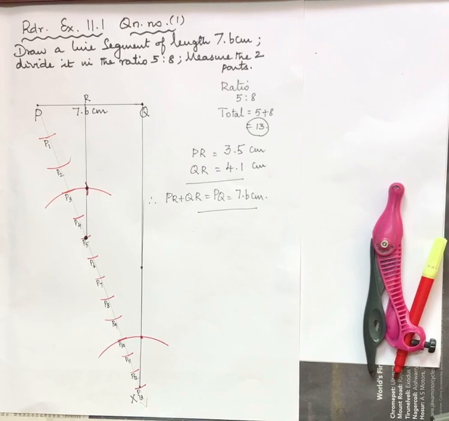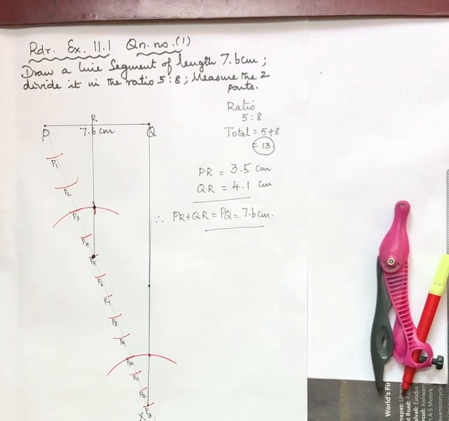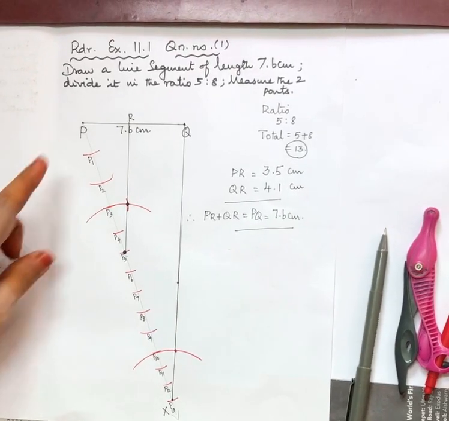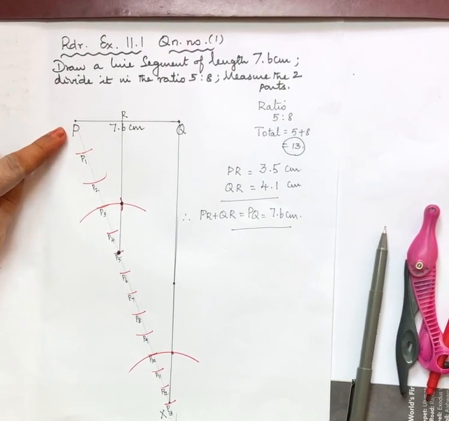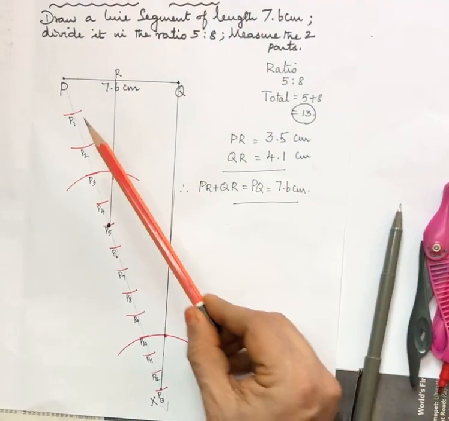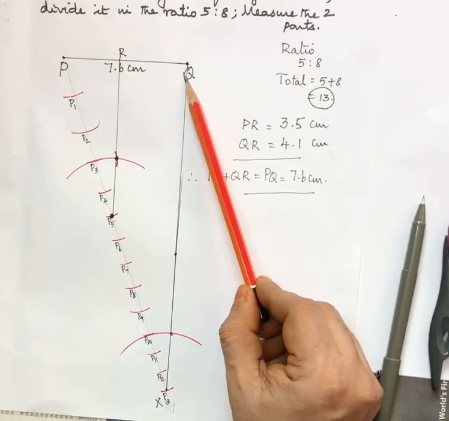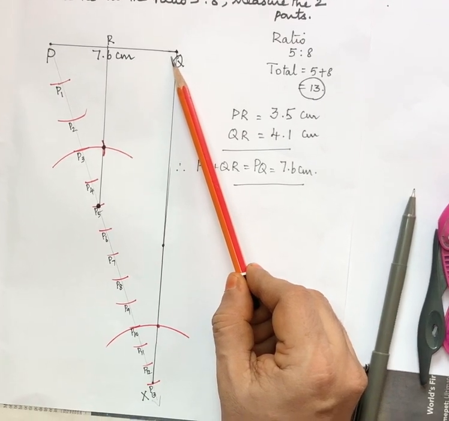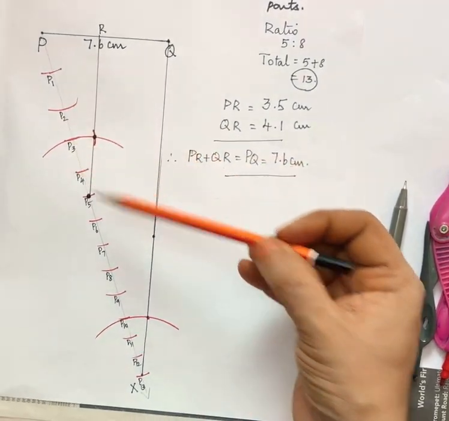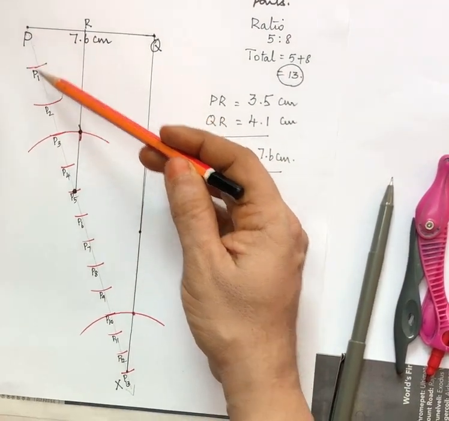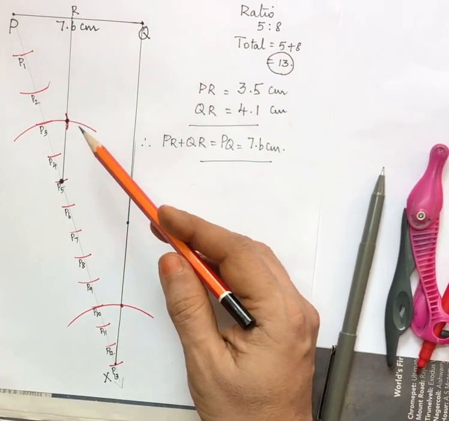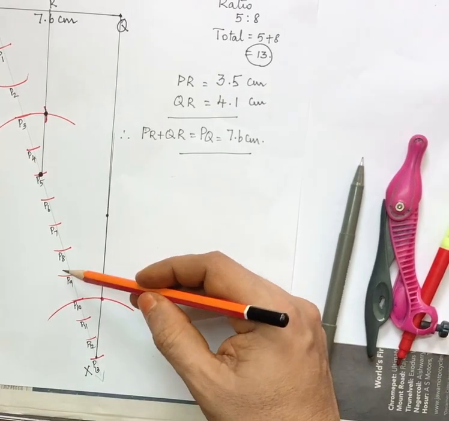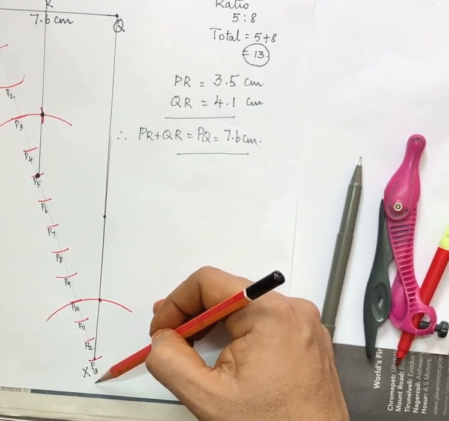Measure the two parts. So I will tell you from the beginning. First you draw a line segment PQ measuring 7.6 centimeter. Draw an acute angled ray starting from P. Name this ray as PX.